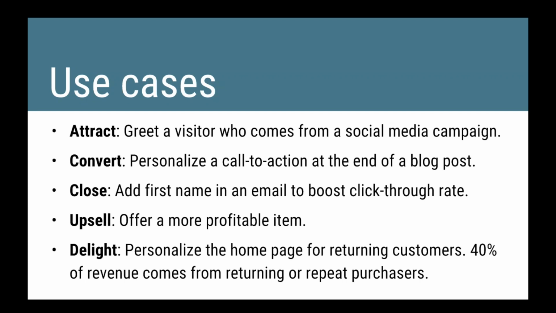You could, at the close stage, do small courteous things such as adding the first name of the recipient to an email newsletter you send to boost click-through rate. Forrester's research says that personalized emails improve click-through rates by 14% and conversion rates by 10%. And that's not insignificant. A 14% improvement is quite a bit.